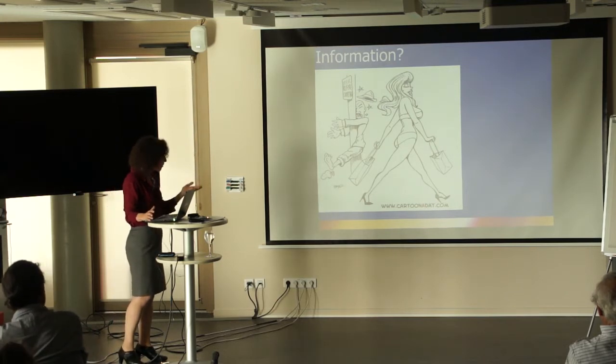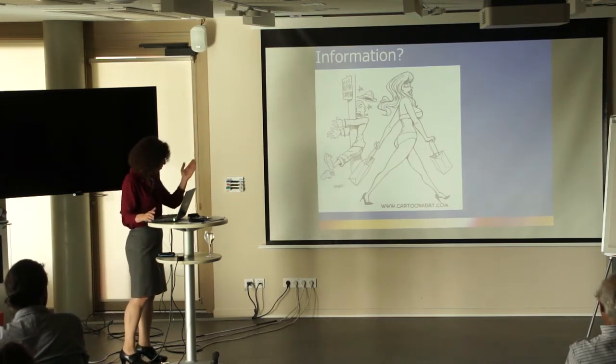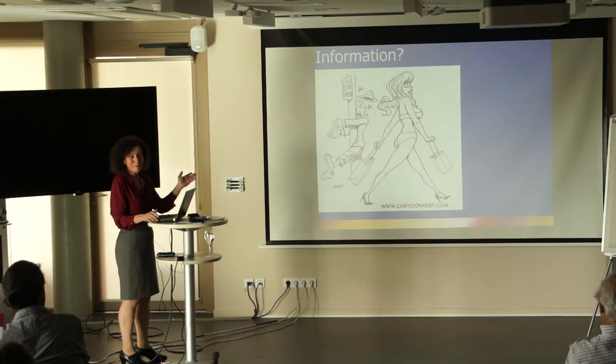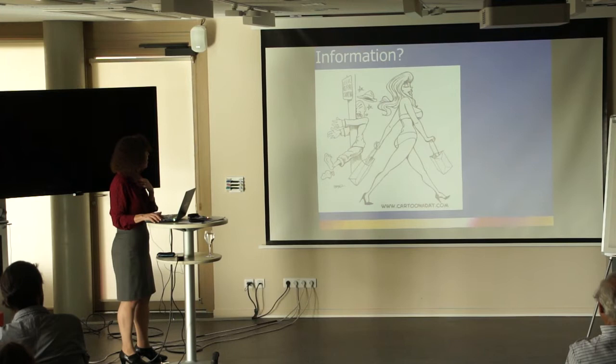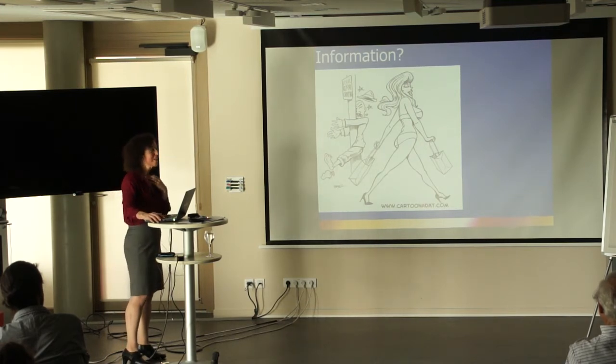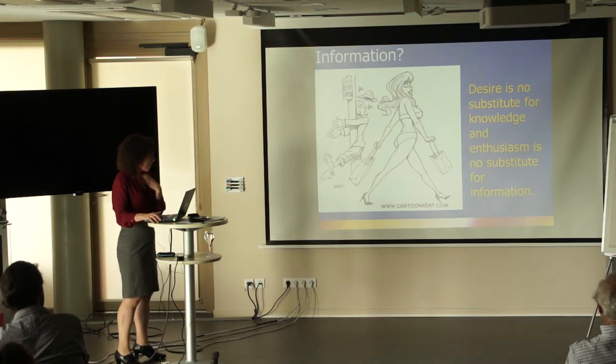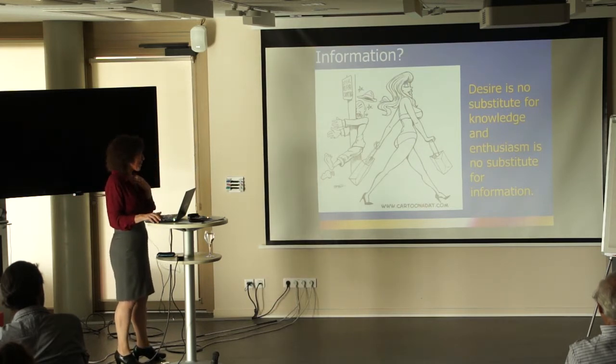Right, so here you have, I thought this cartoon was made just for this purpose. Here you have a very strong Pavlovian stimulus. Maybe it's good in general to track that sort of thing, but not always, right? So this person would have been better served to look ahead. And I like this wise man once said, that desire is no substitute for knowledge and enthusiasm is no substitute for information.